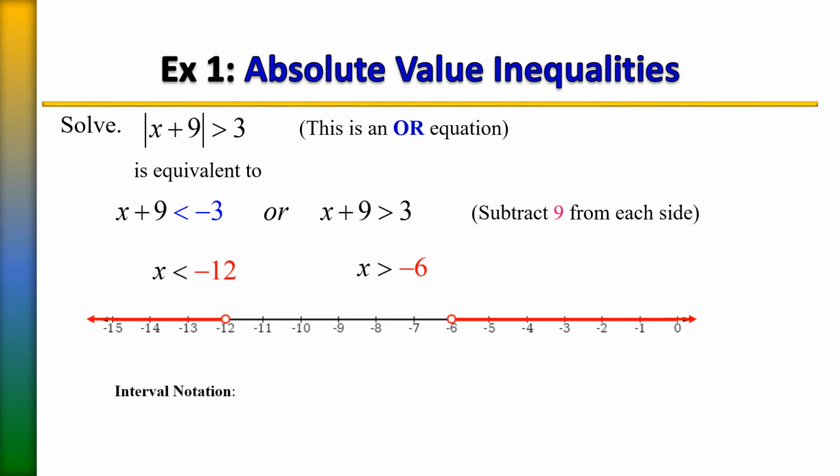So when you write it in interval notation form, it's going to look like so. So parentheses, negative infinity, comma, -12, close parentheses, union, parentheses, -6, comma, infinity, close parentheses. And there you have it, an absolute value inequality.